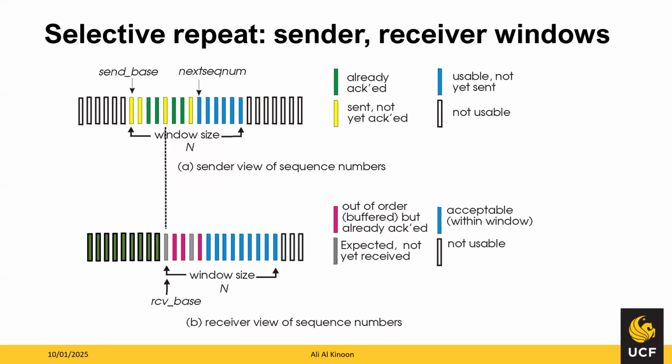Unlike Go-Back-N, the receiver can accept and buffer out-of-order packets. This allows the sender to retransmit only what is missing, rather than sending everything after a loss. So if we send 4 packets, the second packet gets lost, and we also send 3 and 4, we hold these 3 and 4 until the second packet is dealt with, and then we go back to the usual process.